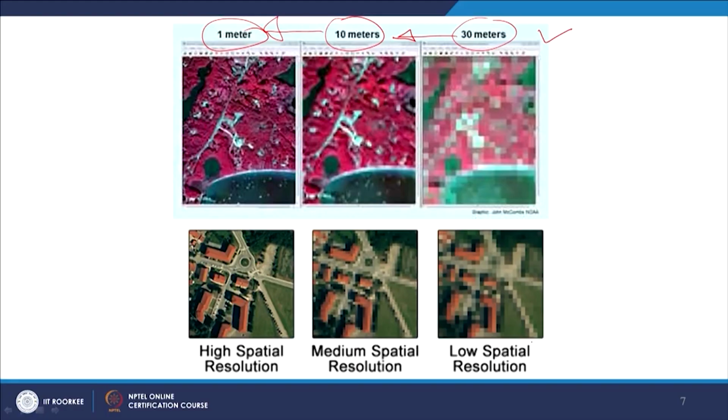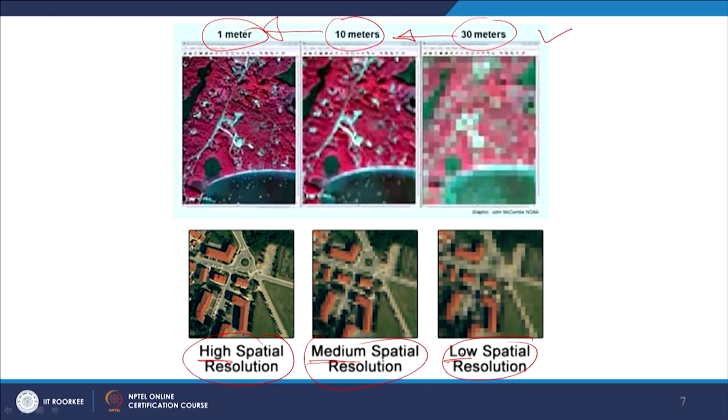Similarly, here again: low resolution image, medium resolution image, high resolution. These are relative terms. Whenever we talk about spatial resolution, we always talk in relative terms. Otherwise, none is the highest and none is the poorest.